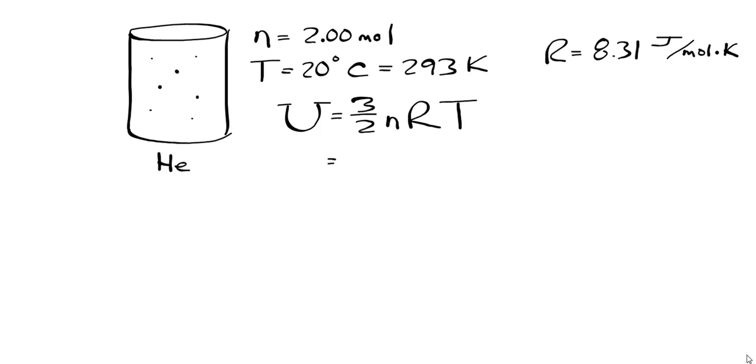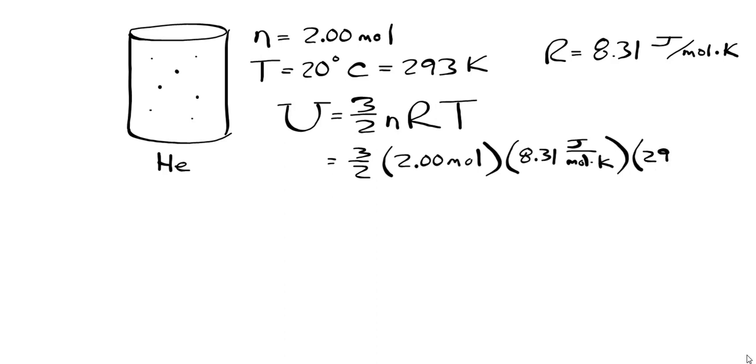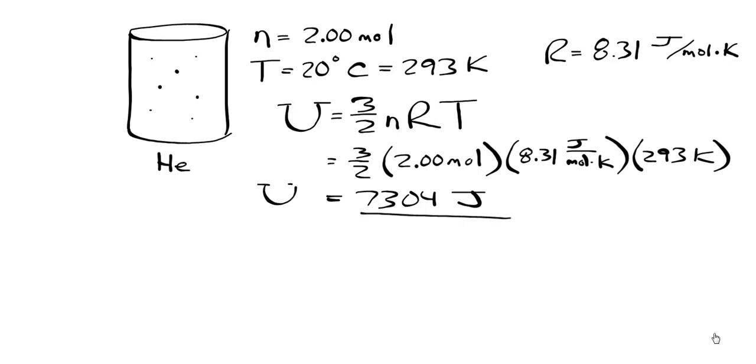That's going to be 3/2 times 2 moles times R, which is 8.31 joules per mole Kelvin, times a temperature of 293 Kelvin. If we do that, our answer is going to come out to about 7304 joules. So that's the total internal energy of this sample of gas.